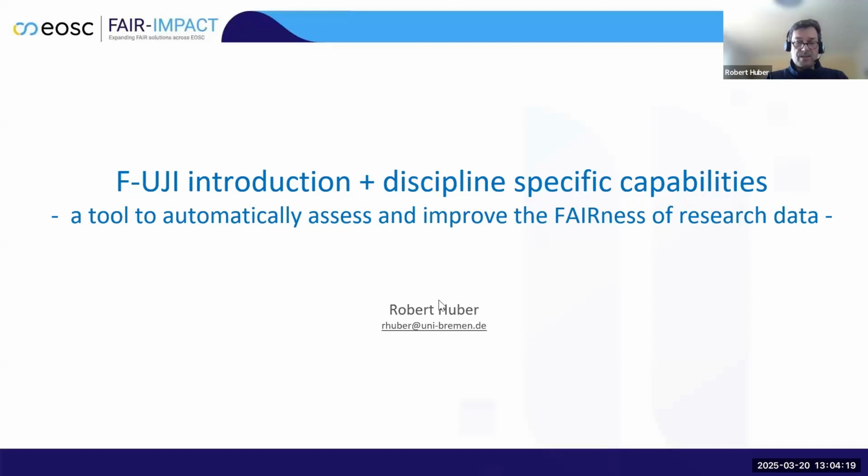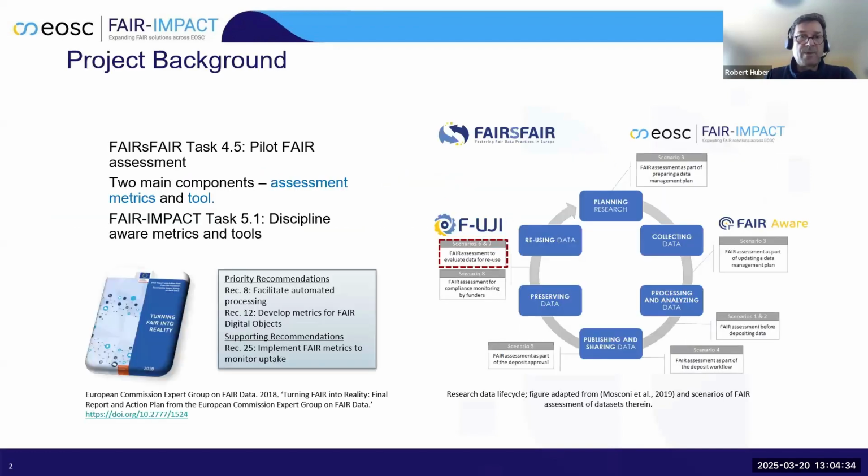So I will give you a short overview about Fuji, and the special focus of this talk is going to be its new capabilities with respect to discipline-specific FAIR assessments and the metrics we have created for that. Just a quick overview of the background of Fuji: this work on the tool actually started during the FAIRsFAIR project.